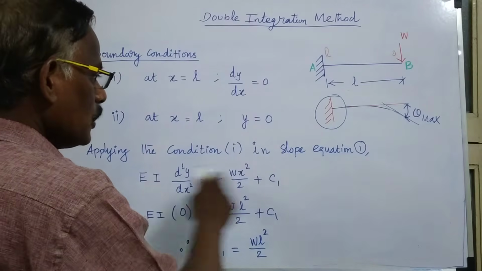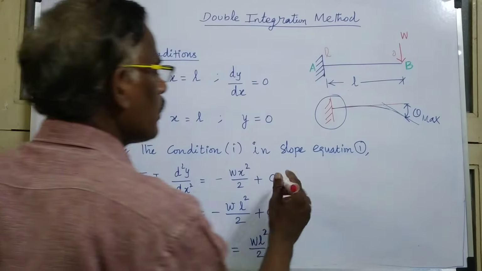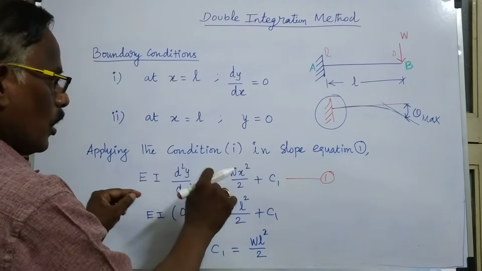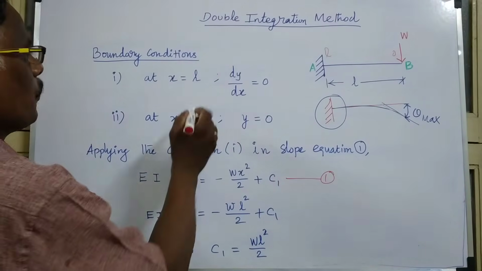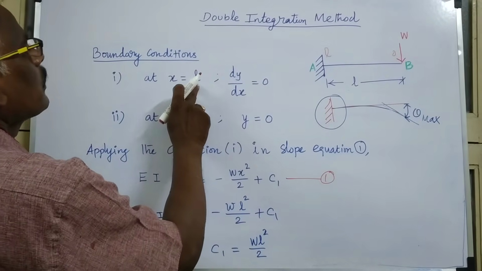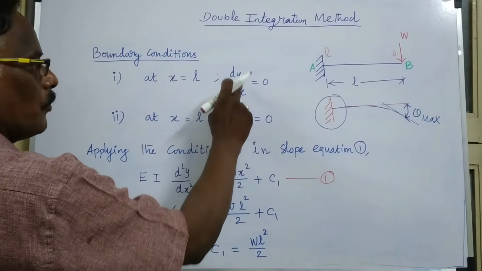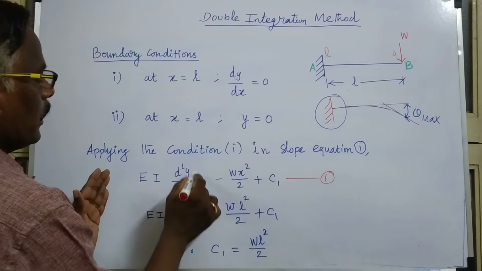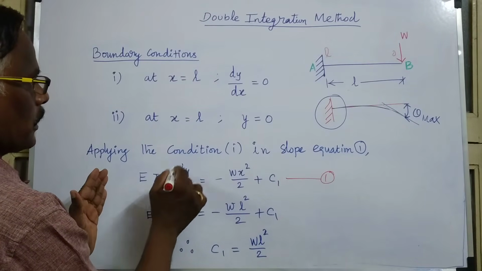This is our slope equation, that is equation number 1. Already we discussed. In this equation 1, instead of x we put L, instead of dy by dx we put 0.